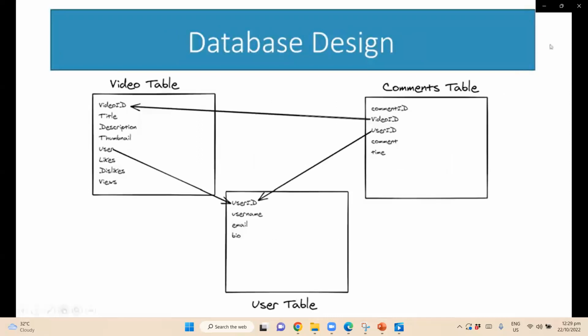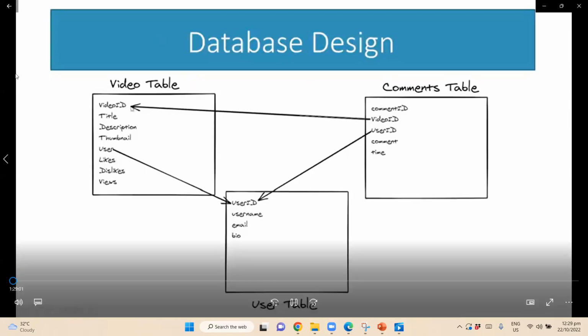Now we have our basic database design. We know from our feature requirements before that we needed users to be able to comment. We needed some metadata for our videos so that we can search for the title and the description, so we need that to be stored. We also have users that we want to be able to upload videos or comment.